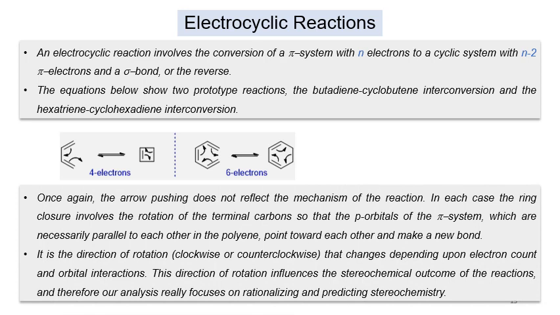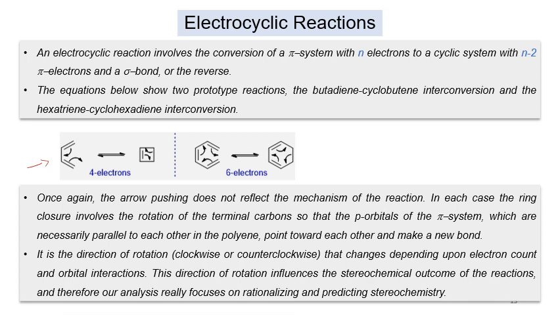For the sake of convenience, the reorganization of the electrons can be represented by curved arrows, as is shown here. Now the curved arrows can flow either in a clockwise or an anti-clockwise direction, as is shown here.